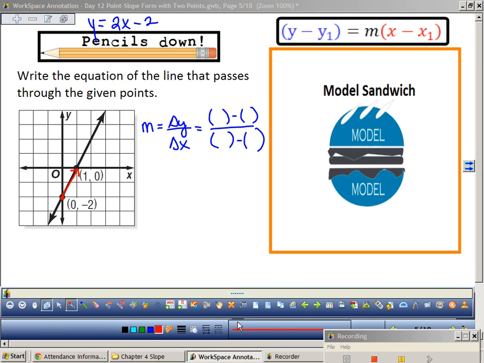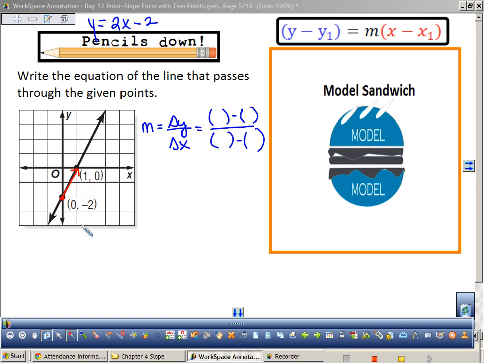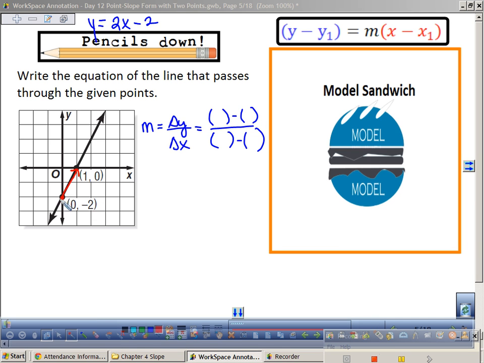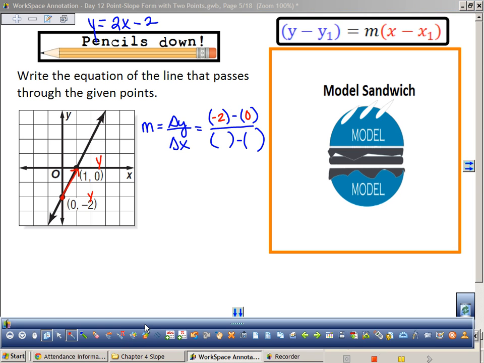So when I go up, which one am I going to start with, my x's or my y's? Y's, because y's go in the numerator, right? So if I'm going to go up, I'm going to start with -2, 0. And what am I going to put for my x's? Where am I going to start? 0, 1.